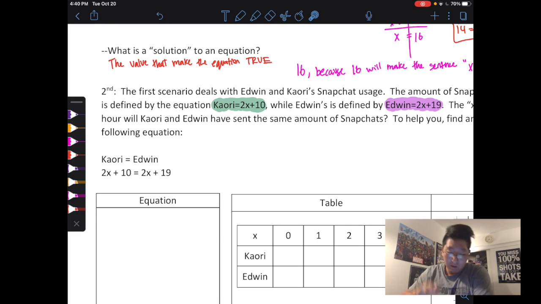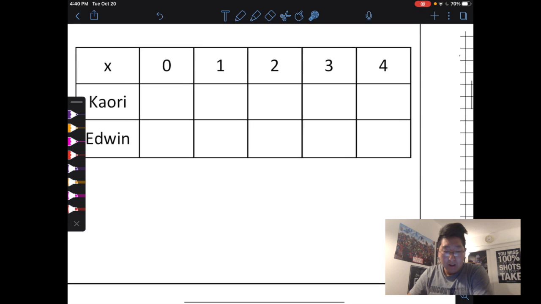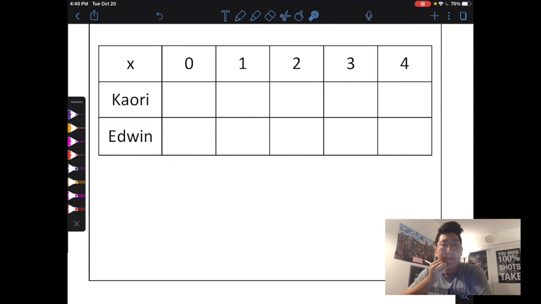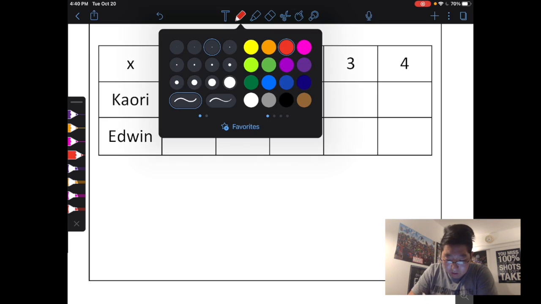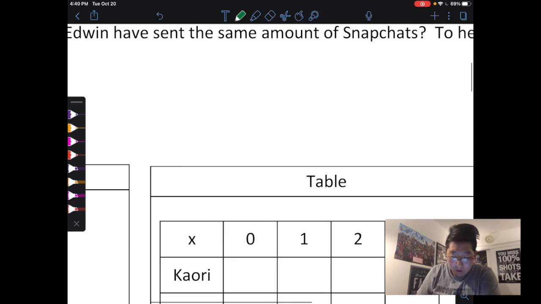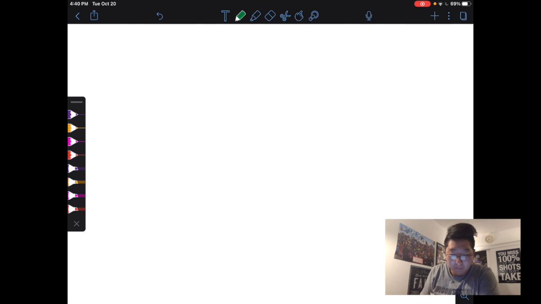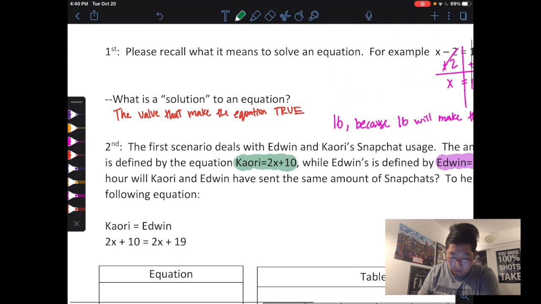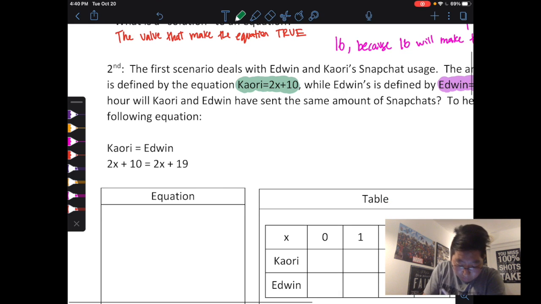Now, we're asking, when will they have sent the same amount of Snapchats? Okay? So, we have a table, right? In 0 hours, how much would Kaori have? So, to solve this, I'm going to help you guys right here. We're going to go ahead and say that the x is 0, so we're going to focus on Kaori.